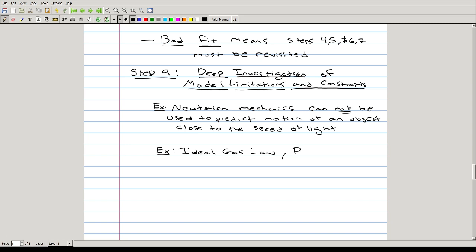Remember this as PV = nRT: pressure times volume of a gas is equal to n times R, which is the constant, times the temperature of the gas, is a good model for some gases but not for others.